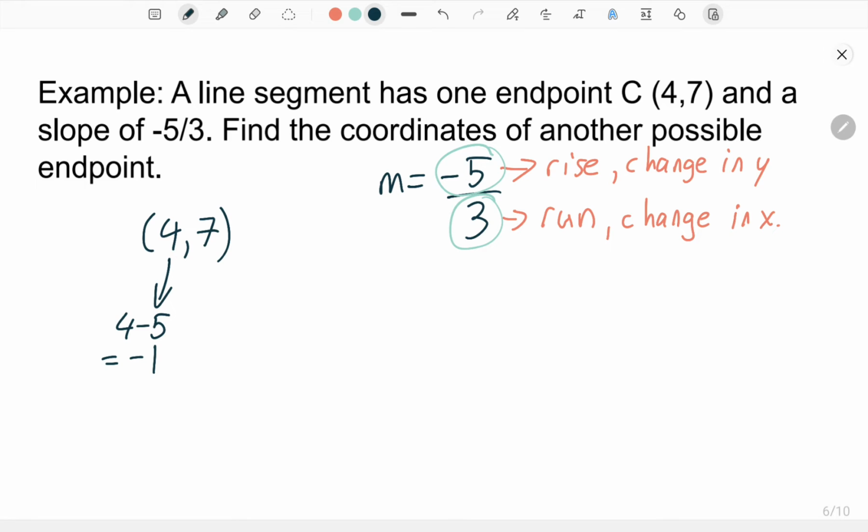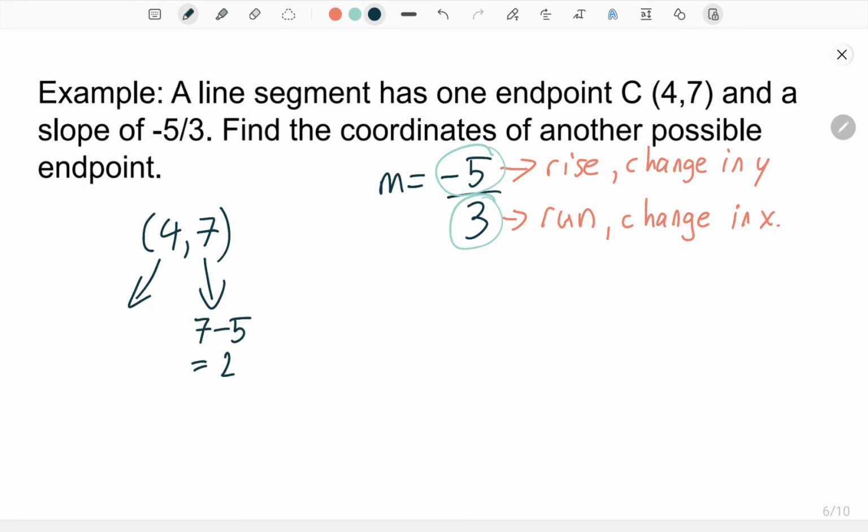So that would be a possible new x value. Oh, sorry. We just completely messed up there. I said change in y. So that should be with the 7. So let's go back through that. So 7, change in y by -5. So 7 minus 5, which will give you 2. So that would be a totally new y value.